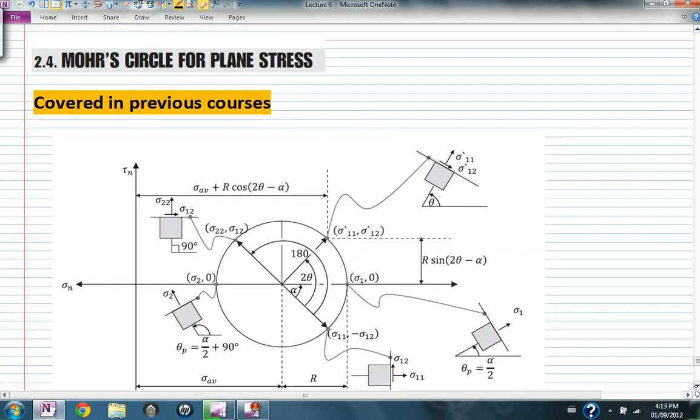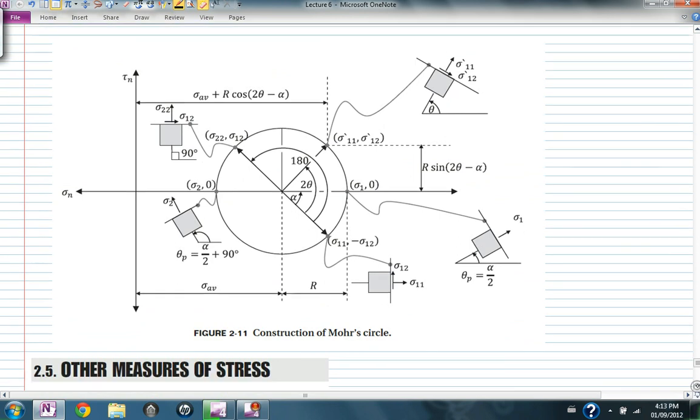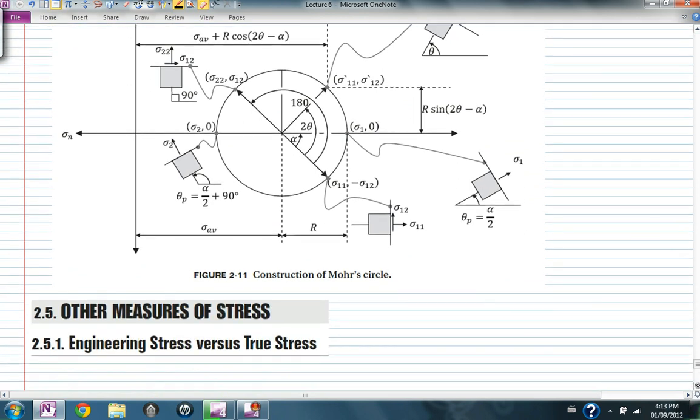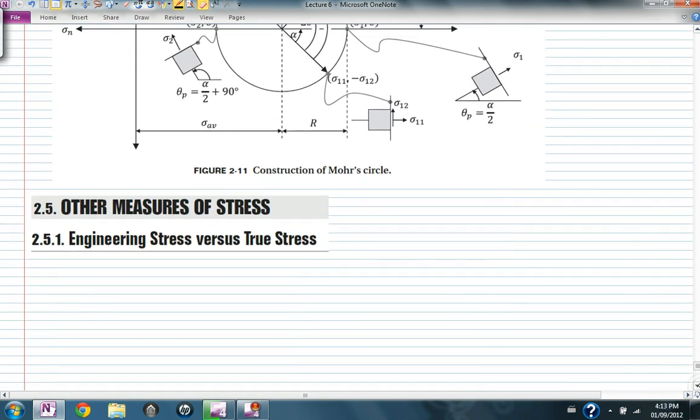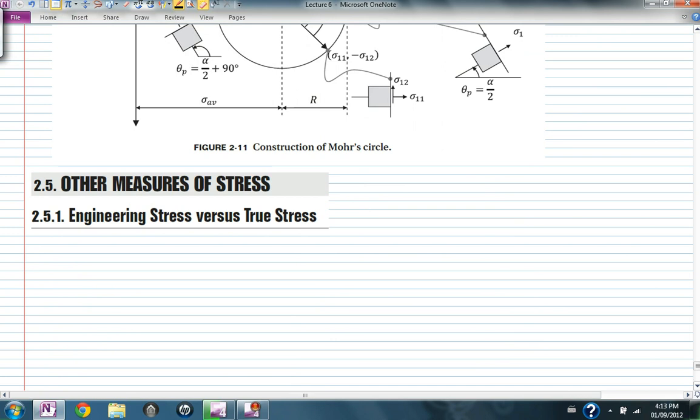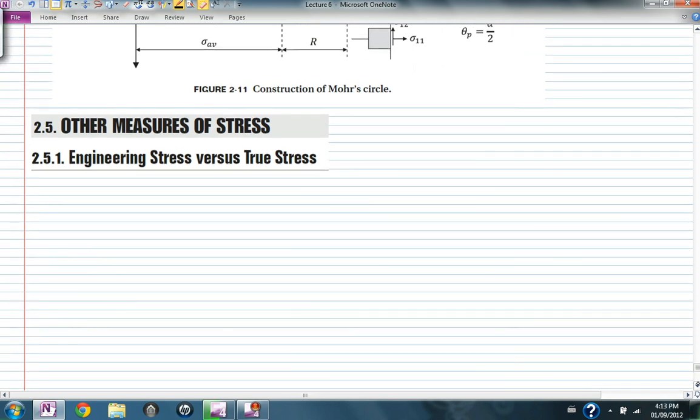And the last section in this chapter, which is the stress chapter, is other measures of stress, which is basically what is the difference between engineering stress and true stress, which you will hear a lot about, especially when you look at the stress strain curves of metals.